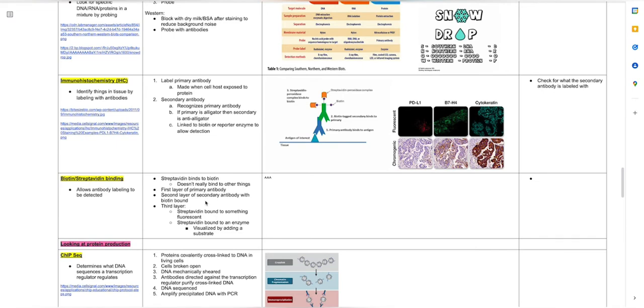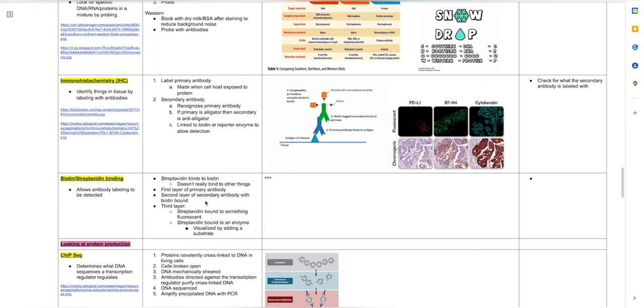Immunohistochemistry is basically probing with antibodies in tissues. What you do here is you first label your antigen on a tissue with a primary antibody. This is the antibody made when a host is exposed to a protein.